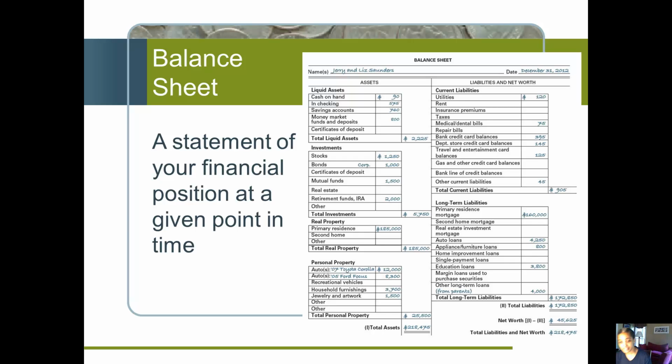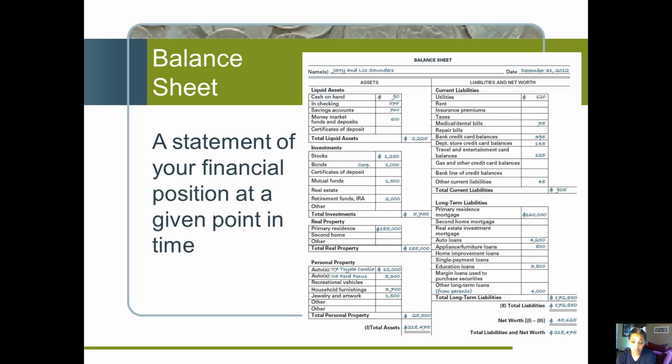So the left-hand side has to equal the right-hand side, or else our balance sheet is out of balance. So our assets have to equal our liabilities. And so the difference between, or what makes it balance, the difference between our assets and our liabilities is the net worth. So I guess I misspoke. Assets don't necessarily have to equal liabilities, but the left-hand side does have to equal the right-hand side, because what we're adding to the right-hand side is net worth.